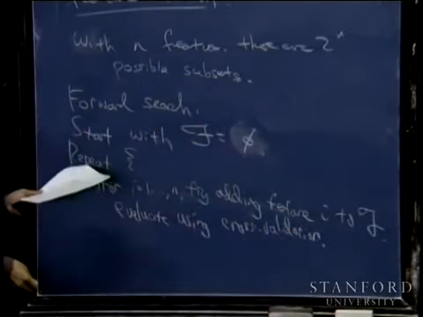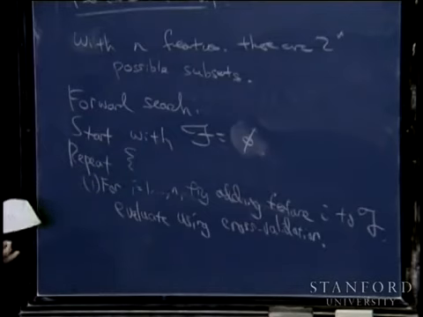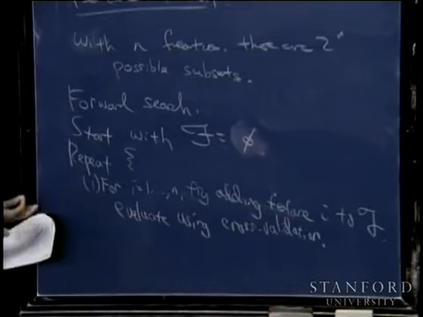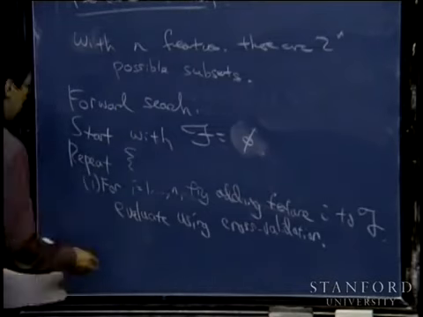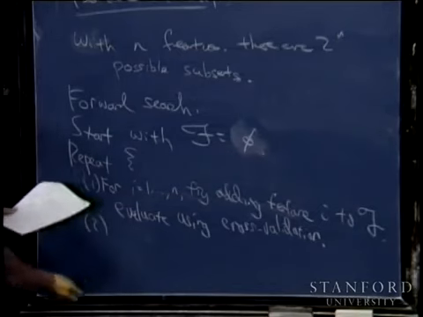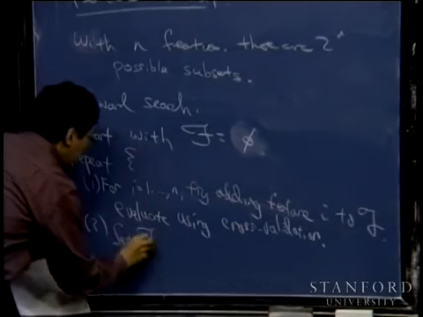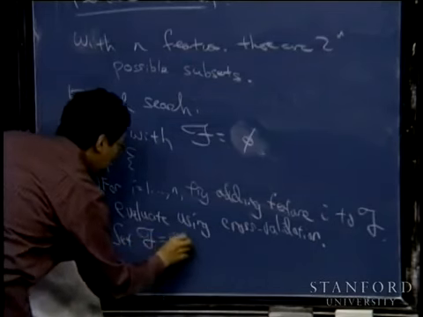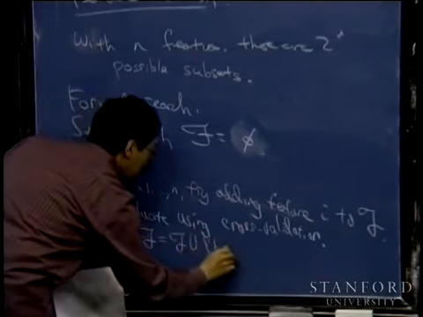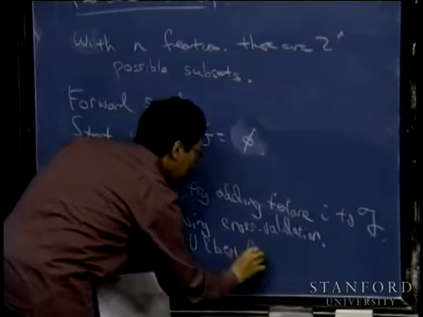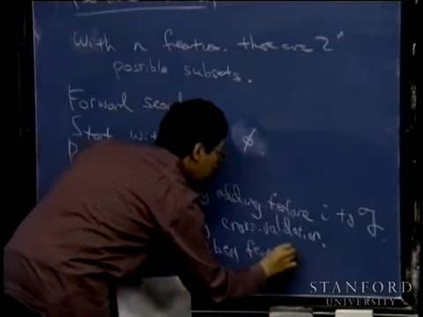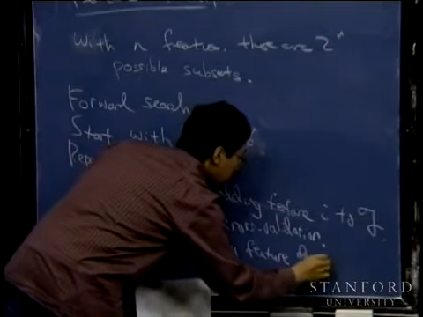And by cross-validation, I mean any of the 3 flavors, be it simple holdout cross-validation, or k-fold cross-validation, or leave-one-out cross-validation. And then set F to be equal to F union the best feature found in step 1.